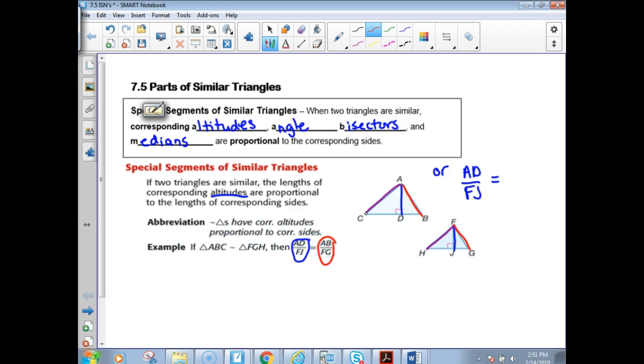So say you had numbers over here instead of on these two sides. There's more than one proportion that you can set up, depending on what you're given, if you know the altitudes.